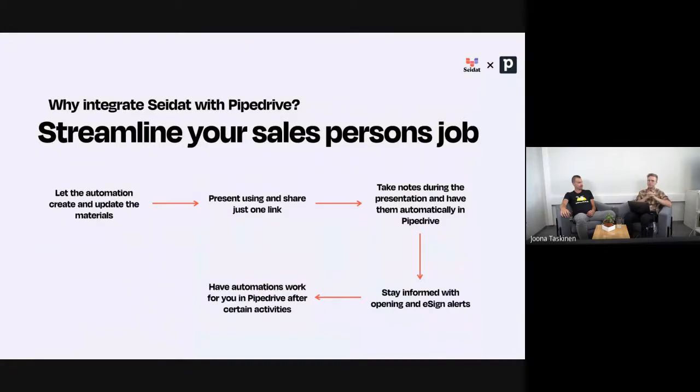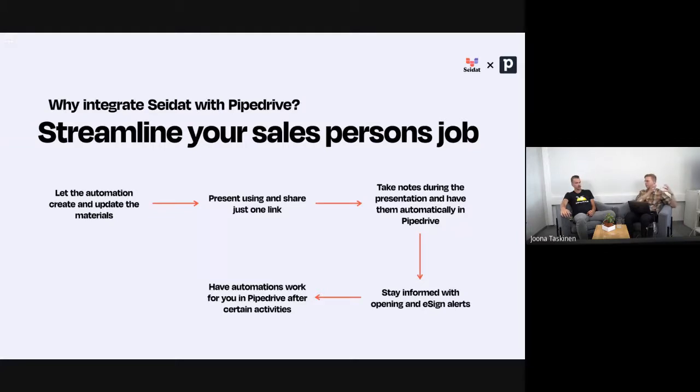But anyways, then we started to figure out what needs to be built around that note feature, and of course we tried to, like I mentioned before, take the repetitive tasks off. It typically starts with creating the material. So you might need a sales meeting material, or you're creating the offer. The automation will take all of that off from the salesperson. If you have all the data already in Pipedrive, you don't need to copy paste it to another place.